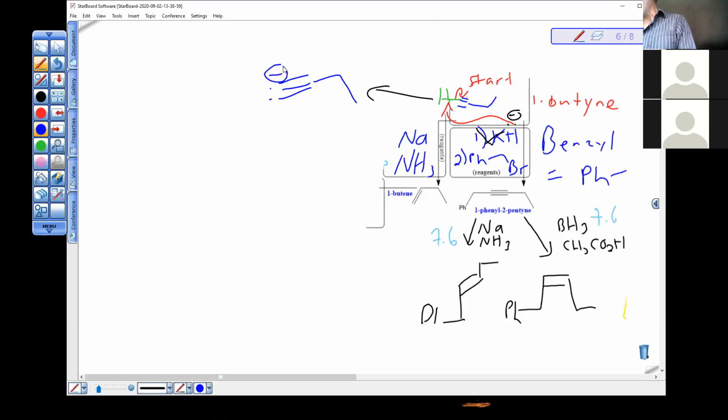You can call that ethyl acetylide. And it's going to attack benzyl bromide. Backside attack. Leaving group leaves. Synthesis accomplished.